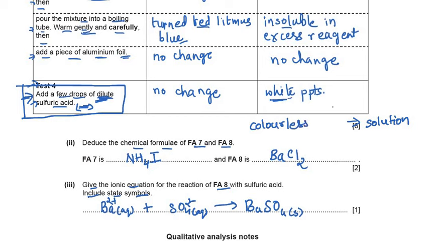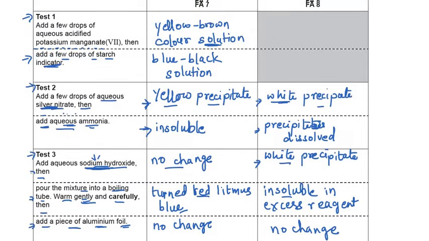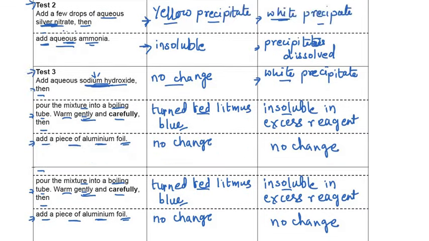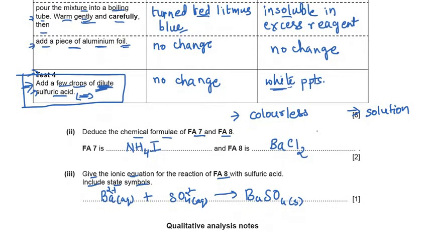Don't write such words as see-through or transparent. Write colorless if there is no change or the solution is colorless. If it's just a color, no precipitates, then write solution. That is how we have written in our first observation, yellow-brown solution. That is important.